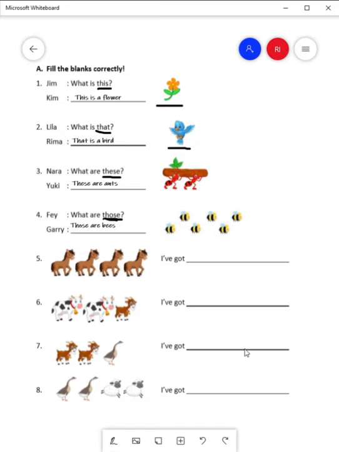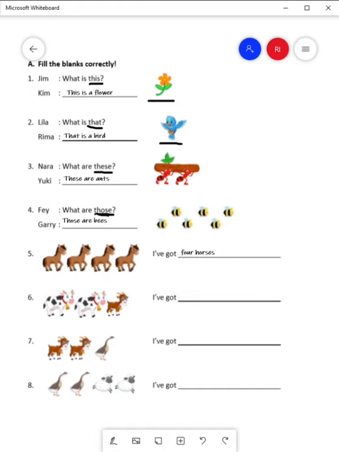Okay, for number 5 to 8, we only have to write how many animals there are. Okay, let's see number 5. I've got 1, 2, 3, 4, 4 horses. Okay, so we put s on everything that is more than 1.